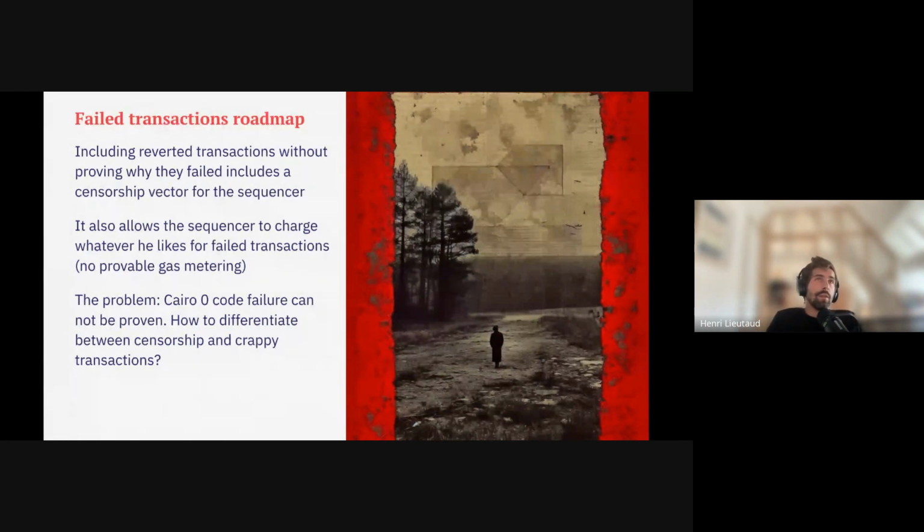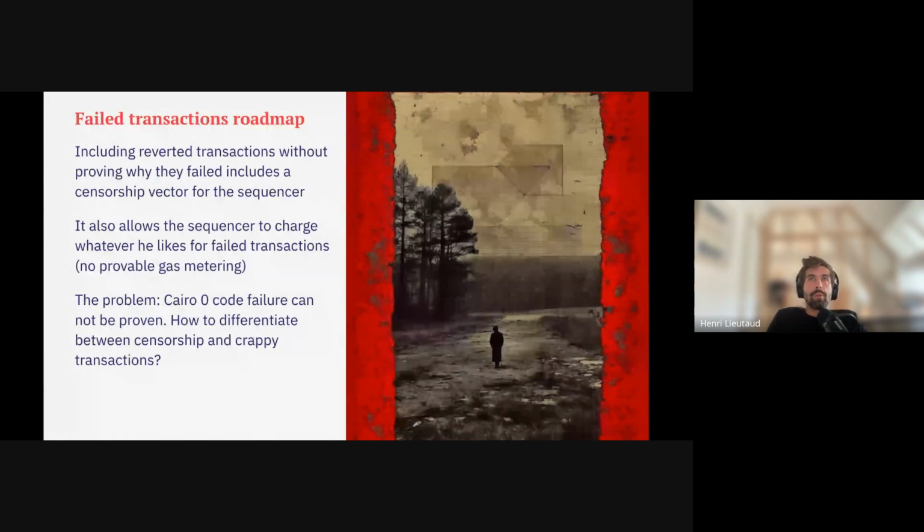The issue with that is that it's a huge censorship vector for the sequencer. It's also a way for the sequencer to just execute validates and then not do anything and run with the money, which is obviously not ideal. And the issue with not being able to prove this is that if your transaction failed, you still want to charge the person, but how much do you charge them?